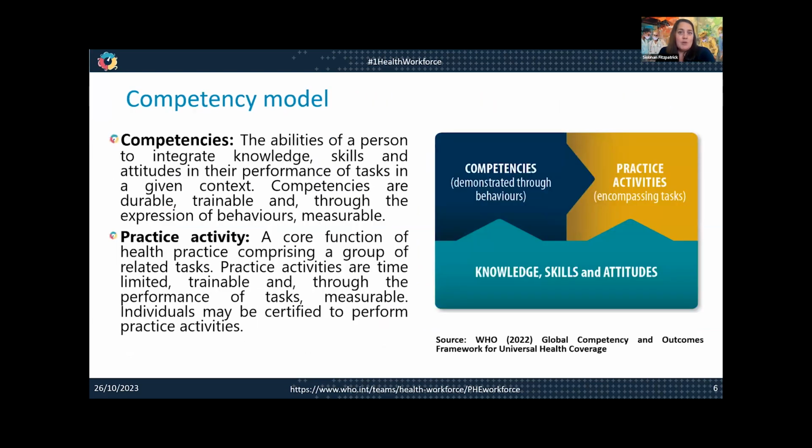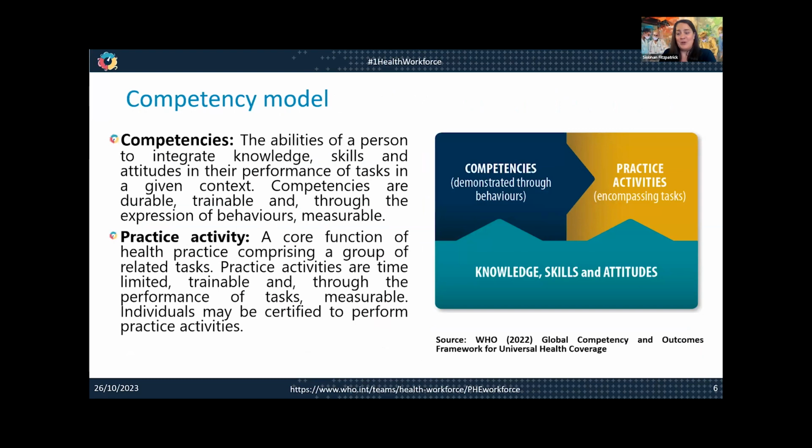The competency model that we have adopted with this framework is a holistic approach to competence. We focus both on the practice activities, the groups of tasks that an individual will do in practice. These are things that you might see in a job description or something that you could delegate to somebody else. But we know that the provision of public health services is so much more than a task list.